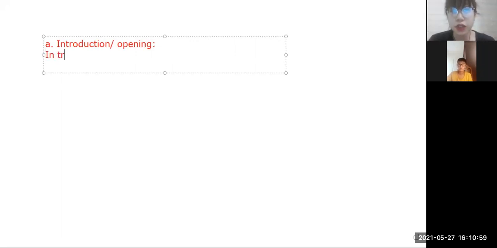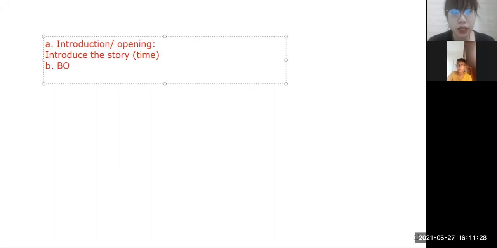We have to introduce the story, and what is the thing that we introduce in this part? The time or the place? Yes, exactly, about the time. Introduce the story about the time, and then we have the body.